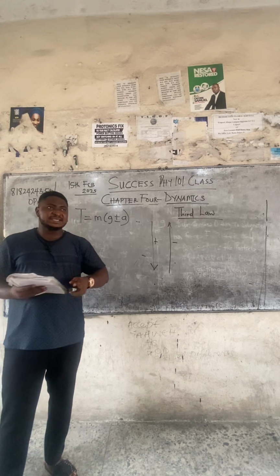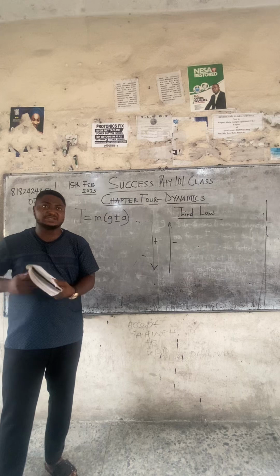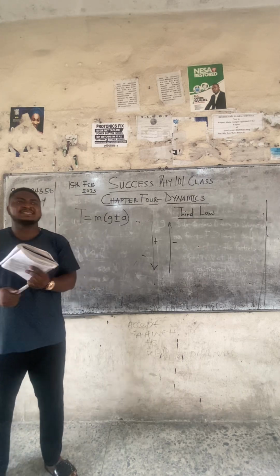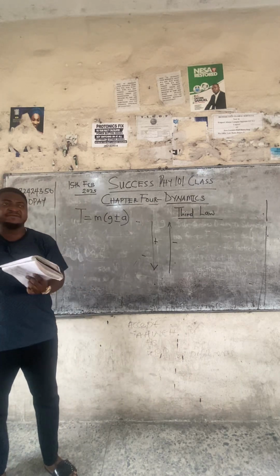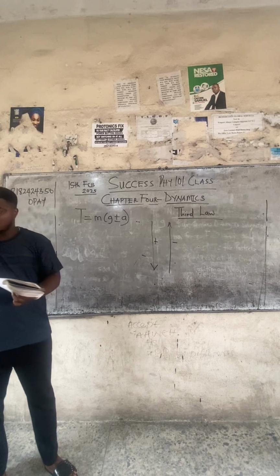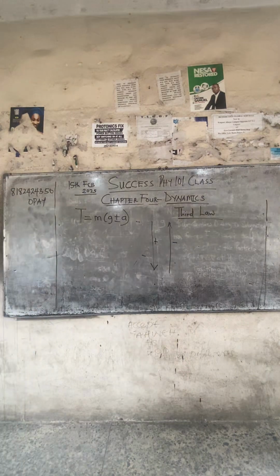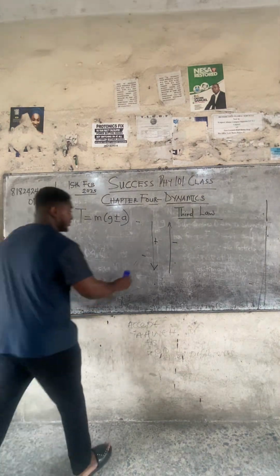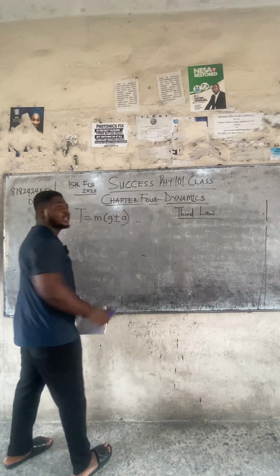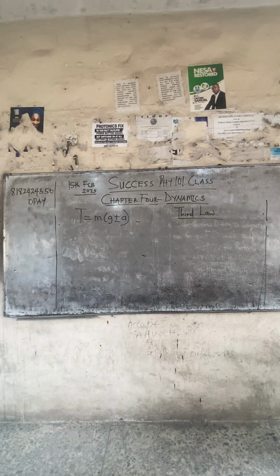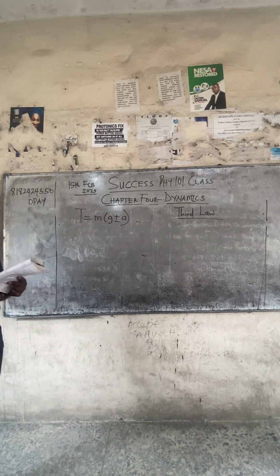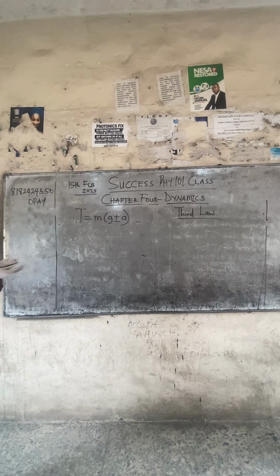A boy weighing 60 newtons stands in an elevator. Once you hear elevator or lift, just thank your God. You know the formula. Yes, a boy weighing 60 newtons stands in an elevator that is ready to move.